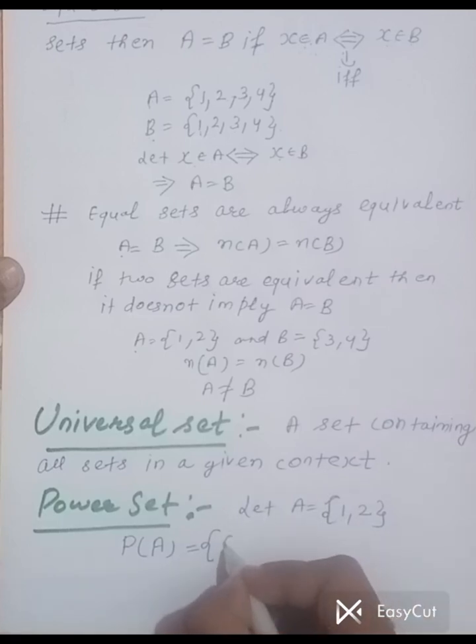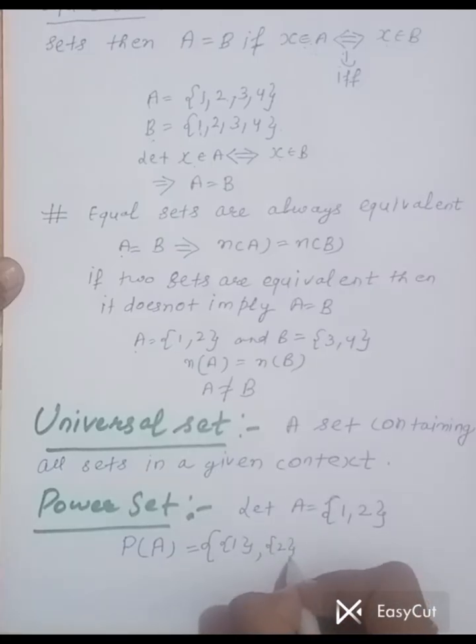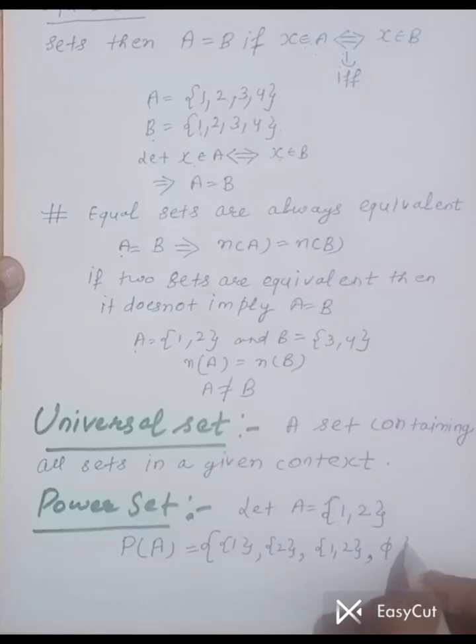There is the set {1}. There is the set {2}. There is the set {1, 2}. And there is the empty set. You can easily see {1, 2} is a subset.